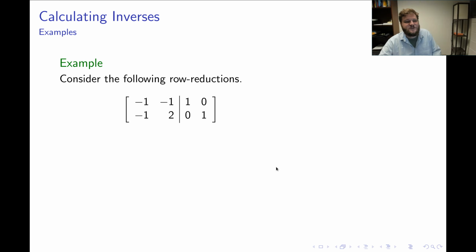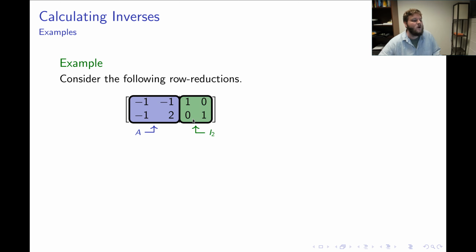I think this is best illustrated, just like with lots of things, with an example. So here I have an example where I've taken a perfectly good 2 by 2 matrix A, and I've asked myself, well, does this matrix have an inverse? Well, it might because it's a square matrix, but in order to resolve the issue, I should augment this matrix A with the entire 2 by 2 identity matrix.